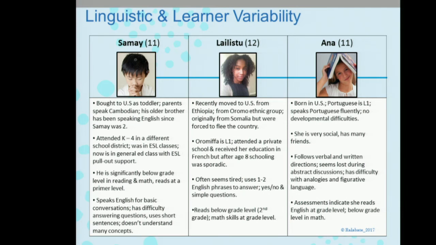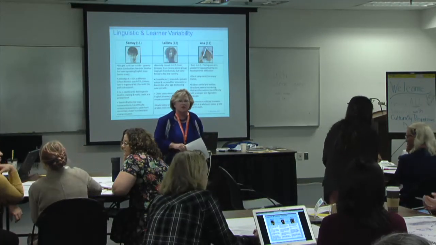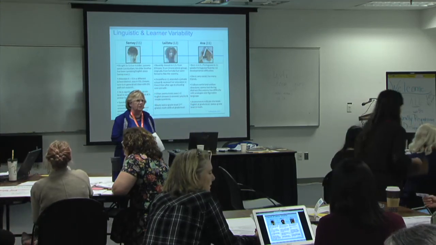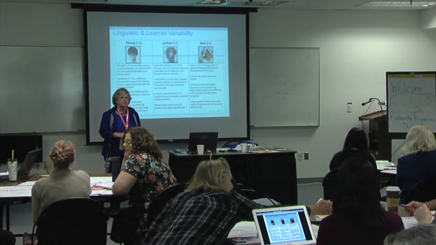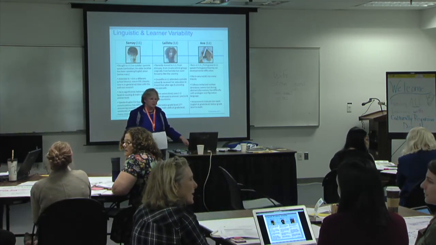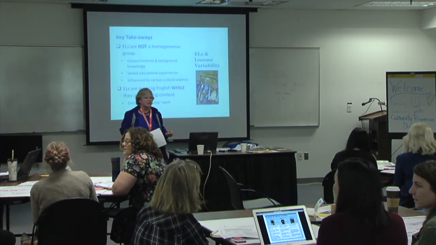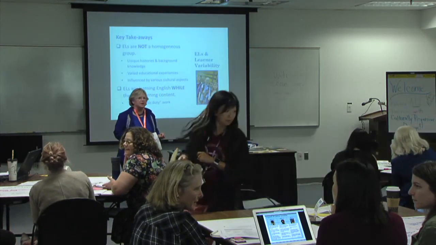So are you able to come up with at least one or two learner variability characteristics that you think might exist, that you might need to be mindful of for that particular student? Let's move ahead so that we can address the other aspects of lesson planning.